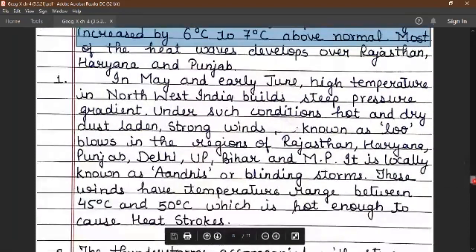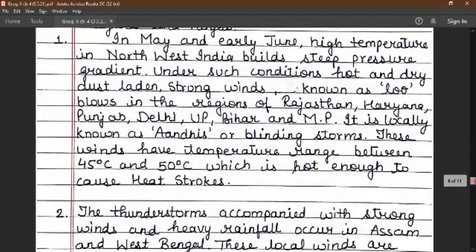In May and early June, high temperature in northwest India builds a steep pressure gradient. Under such conditions, hot and dry dust-laden winds, known as Loo, blow in the region of Rajasthan, Haryana, Punjab, Delhi, Uttar Pradesh, Bihar, and Madhya Pradesh.